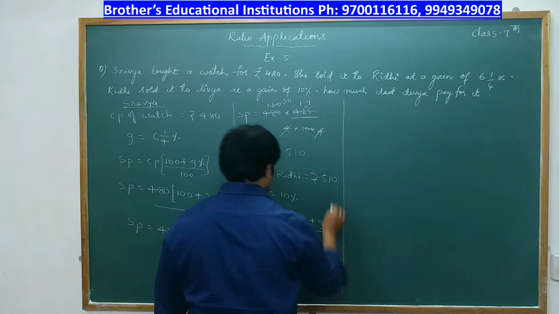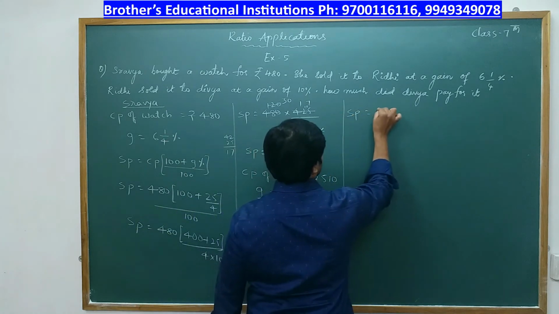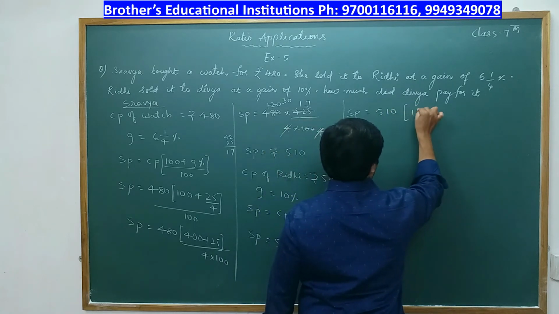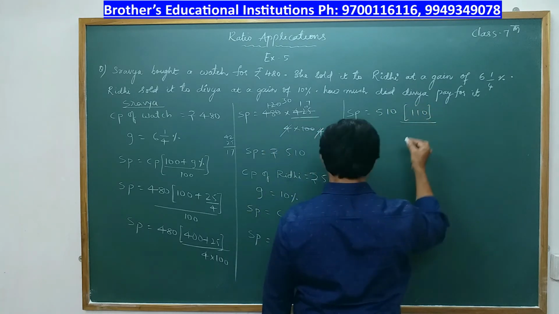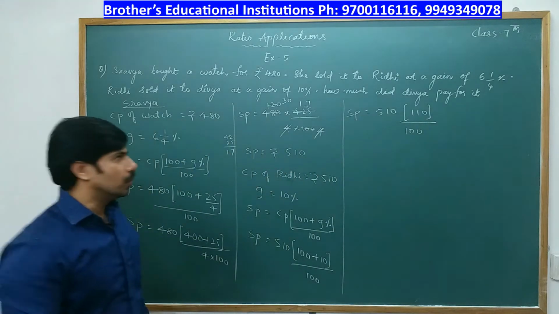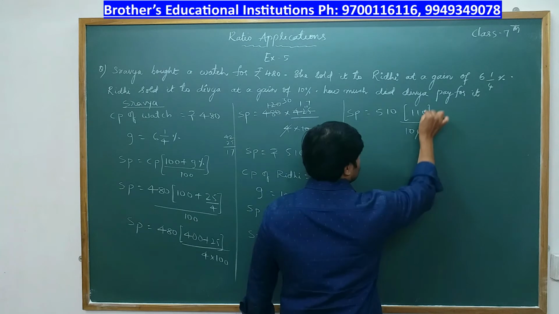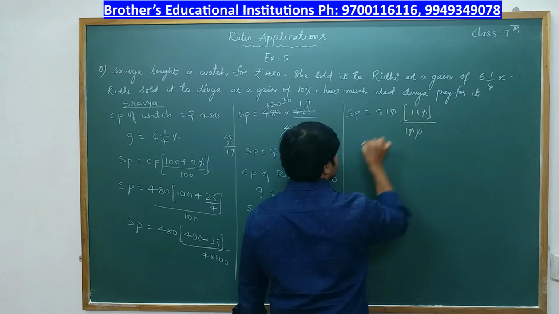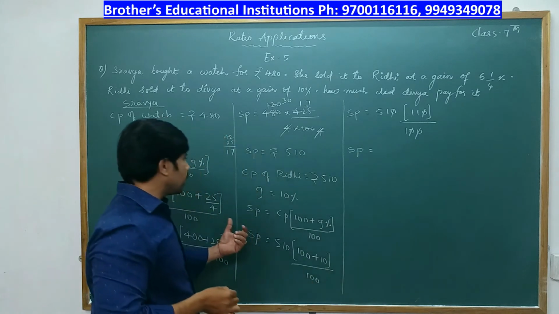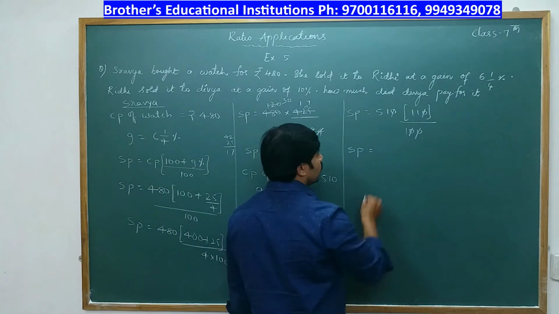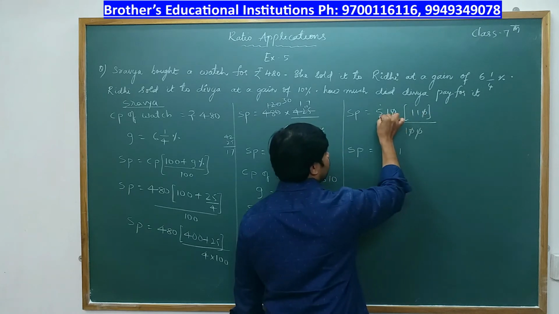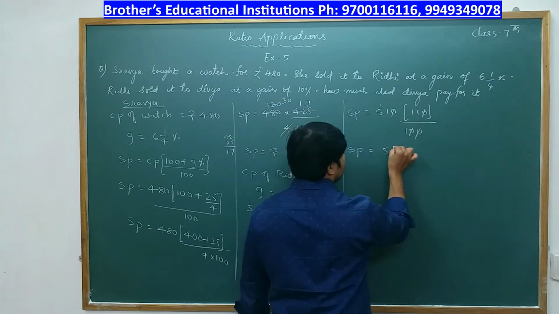So selling price is equal to 510 into 110 by 100, right? The zeros we can cancel. So the selling price of Riddhi is 51 into 11. 11 ones are 11, 1 carry, 11 fives are 55 plus 1, 56.